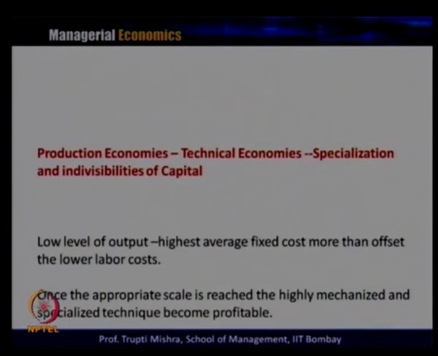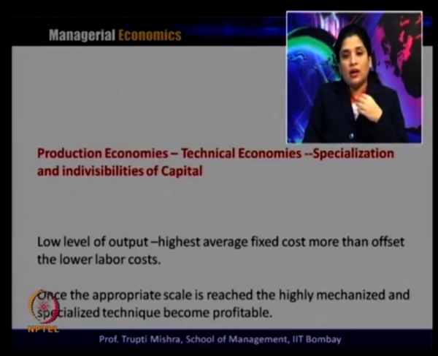So, in the case of a low level of output, the higher average fixed cost more than offsets the lower level cost. Initially, with such high end technology, high end machinery, automation as a whole, or high end capital equipment, the fixed cost is high, specifically at a low level of output.